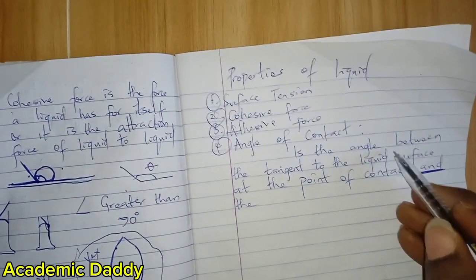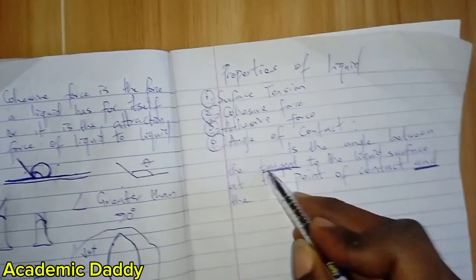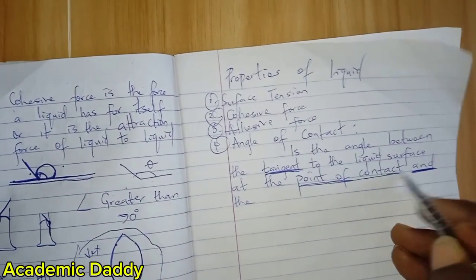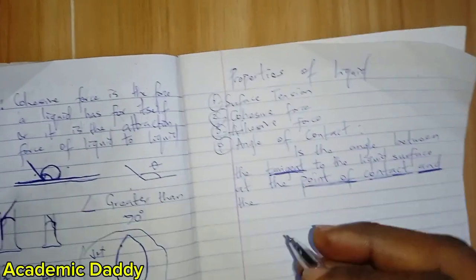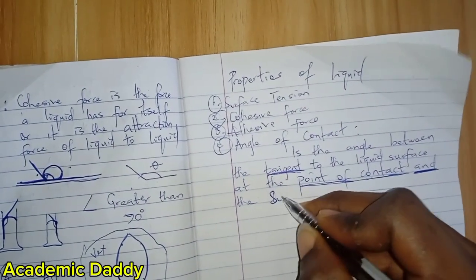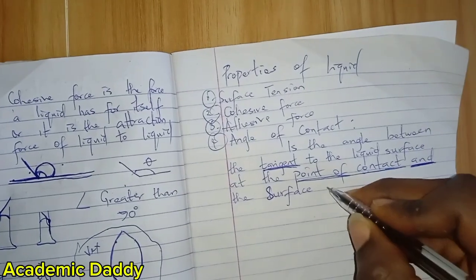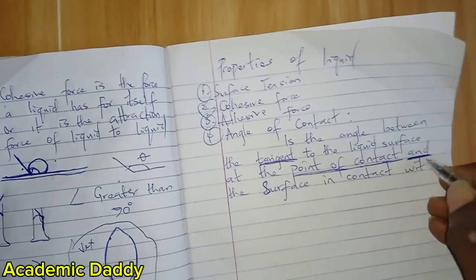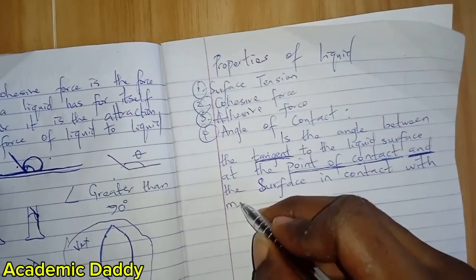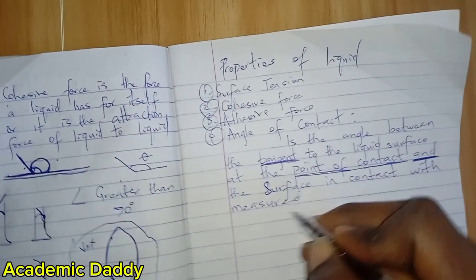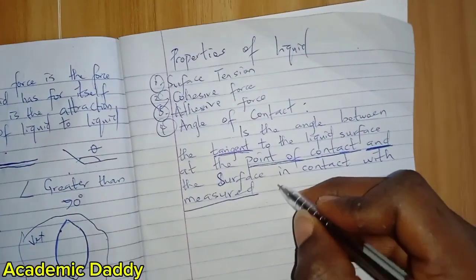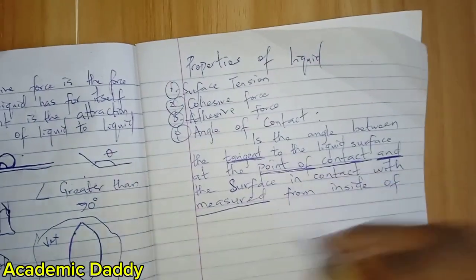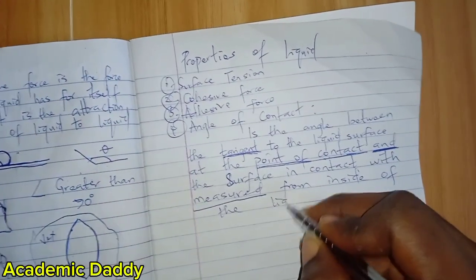So this is, see, the angle between the tangent to the liquid surface at the point of contact, and the surface in contact with, measured, very important detail, measured from inside of the liquid.